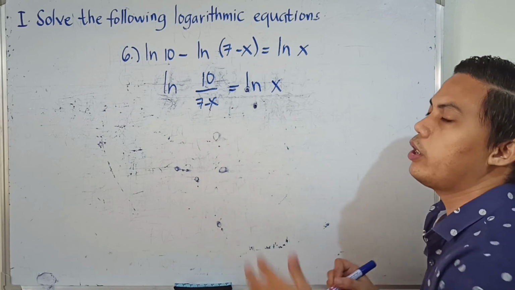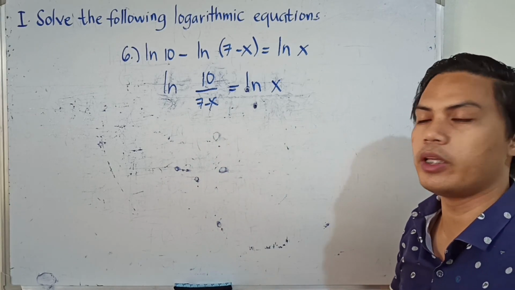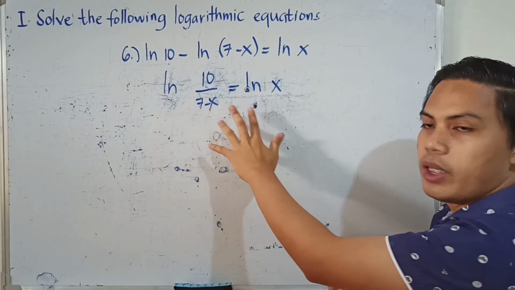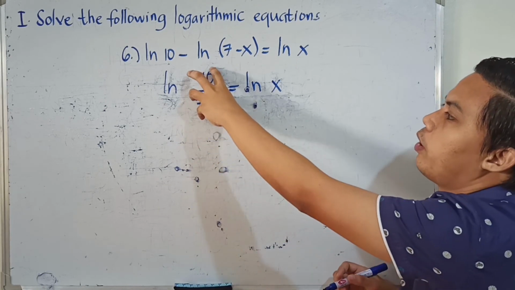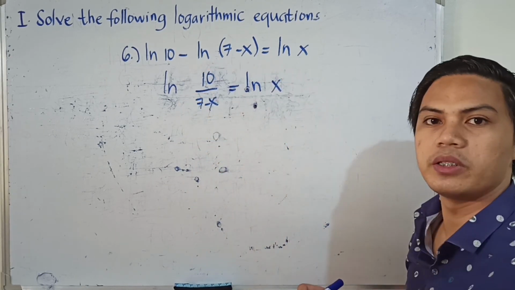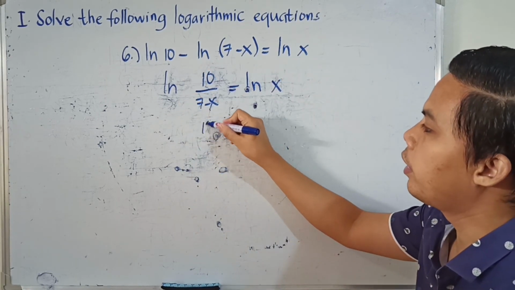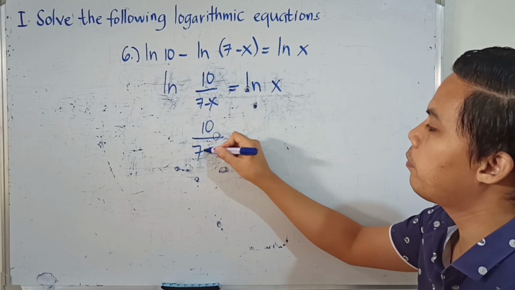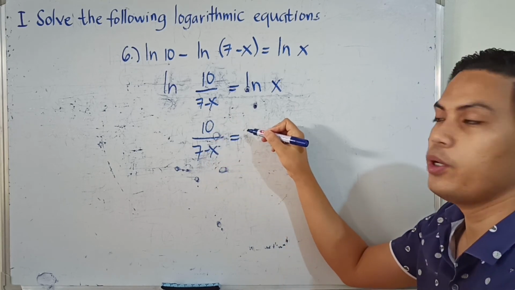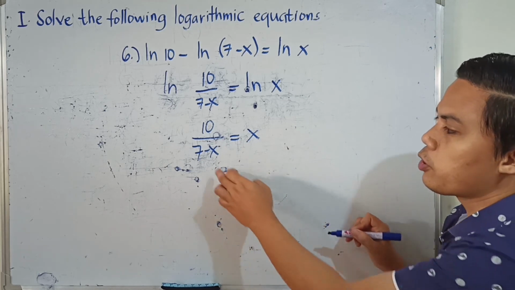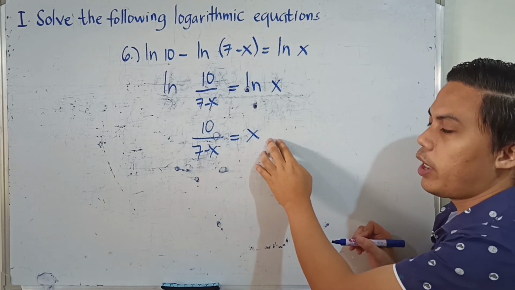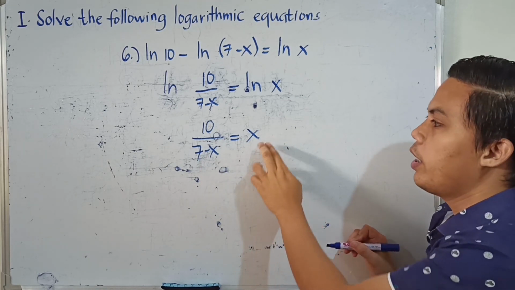By using the equality property of logarithms, we observe that they have the same base, so we can equate the two arguments. We have 10 over 7 minus x is equal to x. Then, we just cross multiply: we multiply 7 minus x by x.